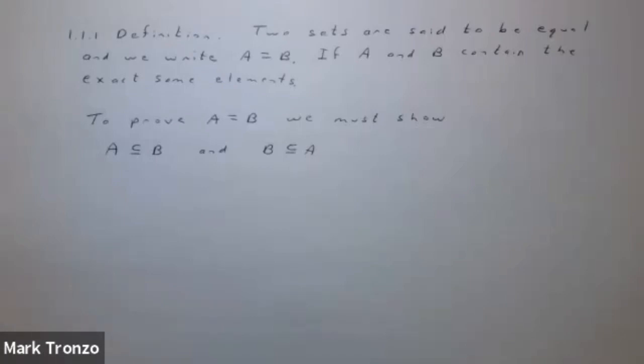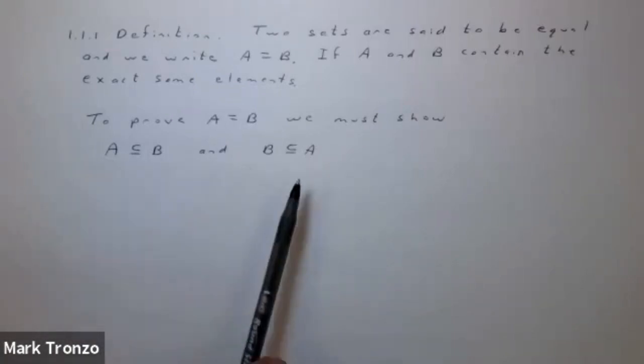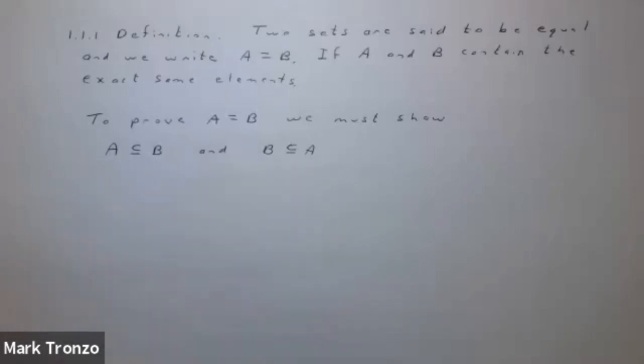So later on, when we do proofs, that's how we'll have to approach it. We'll have to first show this is true, then show this is true, if we want to show that they're equal.